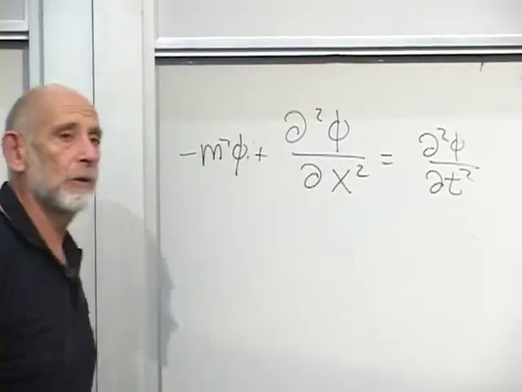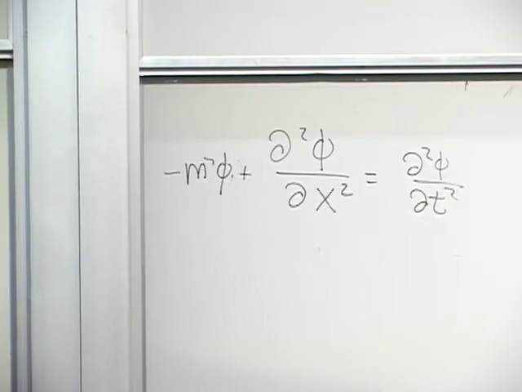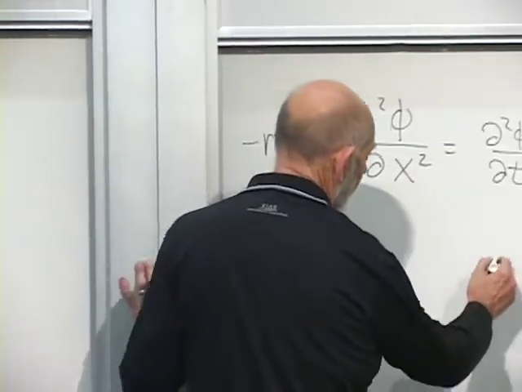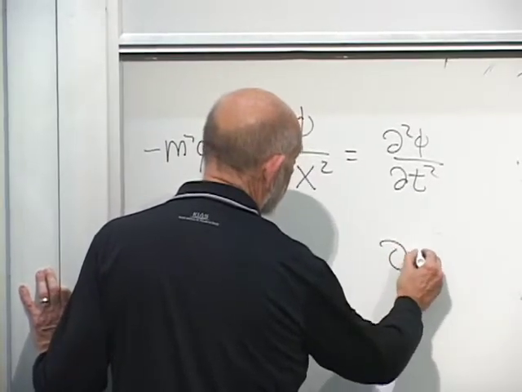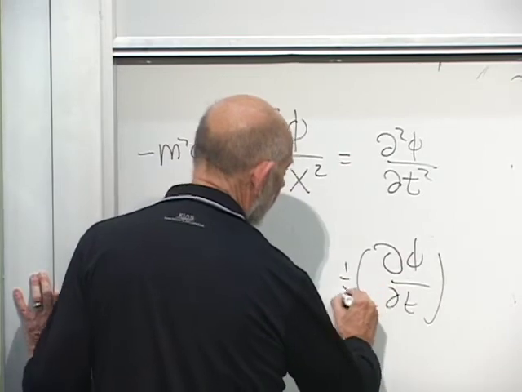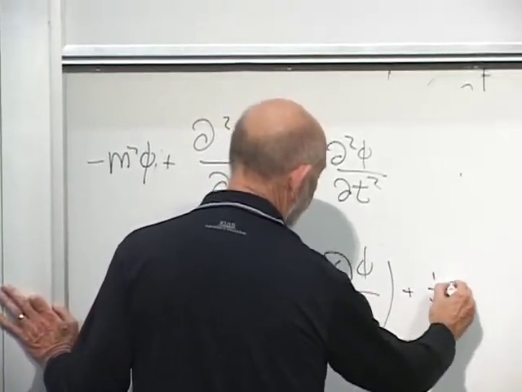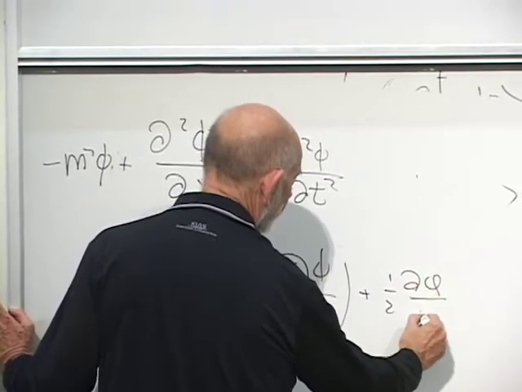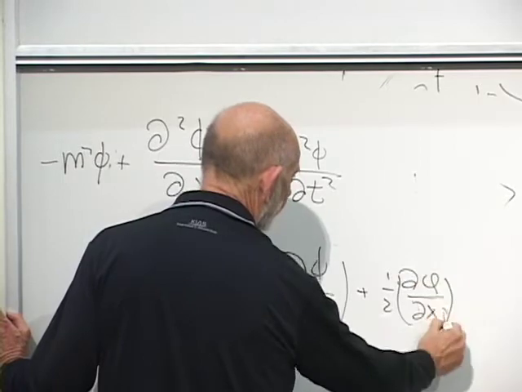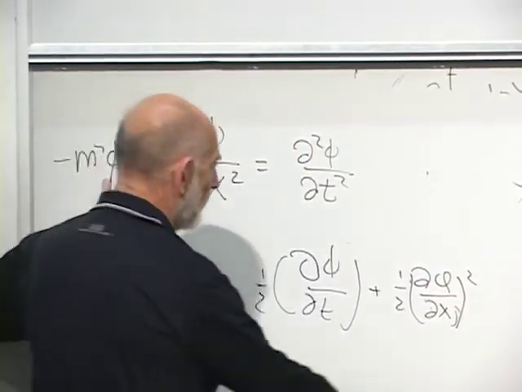So this is what you do. What does this correspond to in the energy? Do you remember what it corresponds to in the energy of the wave? The energy of the wave has 1/2 d phi by dt squared, plus d phi by dx squared, and this gives us plus m squared phi squared.